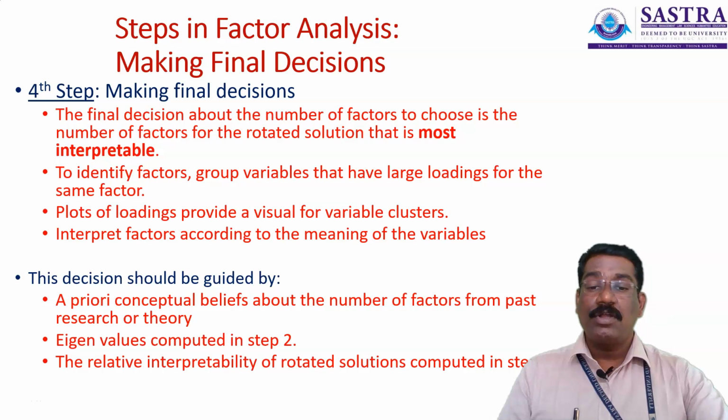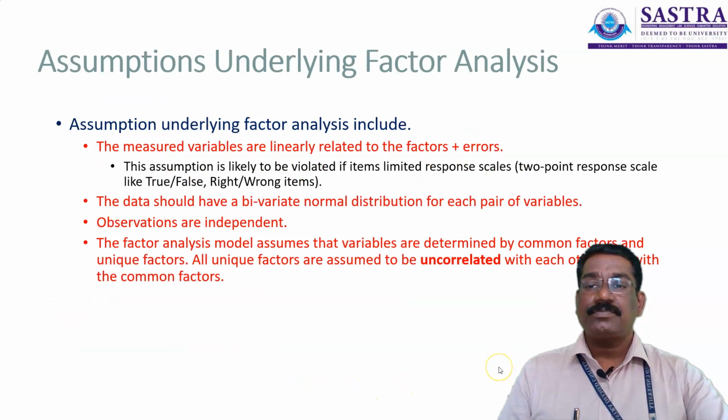Interpret factors according to the meaning of the variables, and the decision should be guided by prior conceptual belief about the number of factors from past research or theory. That is, you should have a theory backup. Also consider the eigenvalue computed in step 2 and the relative interpretability of the rotated solution computed in step 3.